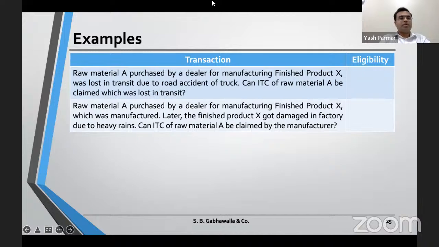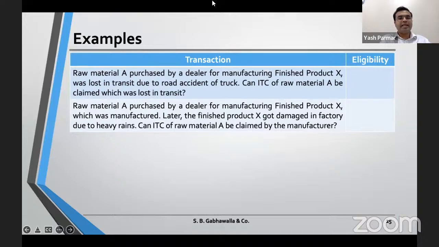Let us take few more examples on goods lost. First example is raw material A purchased by a dealer for manufacturing finished product X. So a manufacturer of a product purchases various raw materials, and by processing those raw materials, he manufactures a finished product X. Now, when this particular raw material A was being transported in transit, it got lost due to road accident.